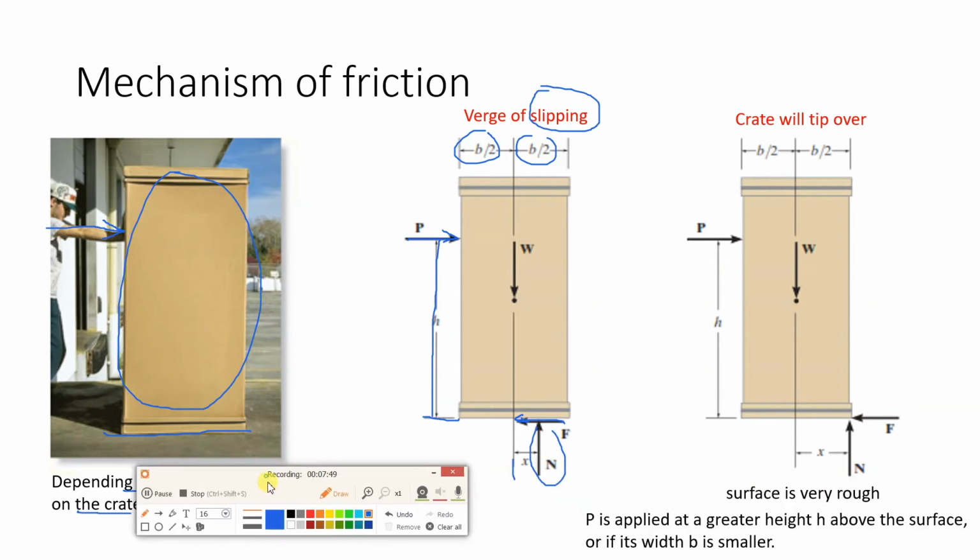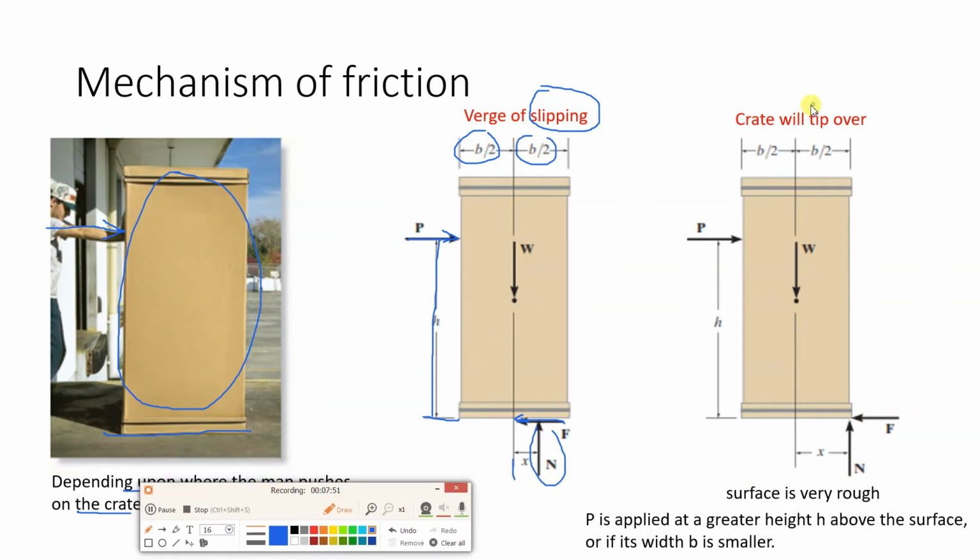Now consider the second case, tip over. We will be solving numericals on slipping as well as tipping. How will the crate tip over? Slipping will occur when the coefficient of friction mu is low. But when the contact surface is very rough, meaning the mu value is very high, the crate will tip over.